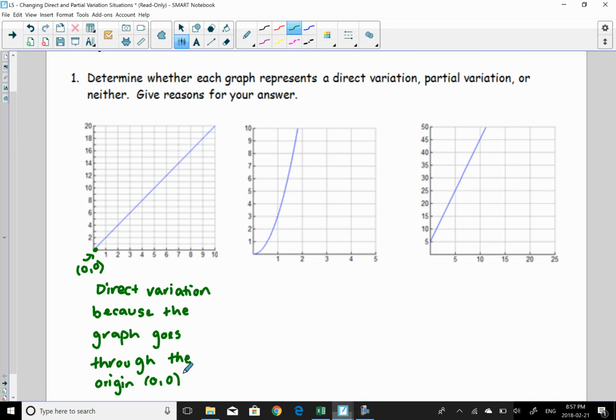Okay. This one is neither because it's not linear. In order for it to be direct or partial, it has to be a linear relationship. And lastly, we have what's called a partial variation.